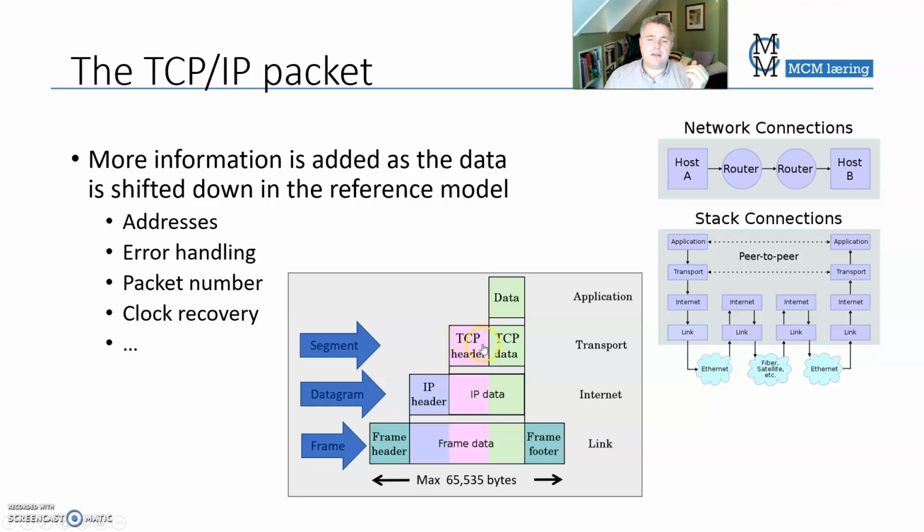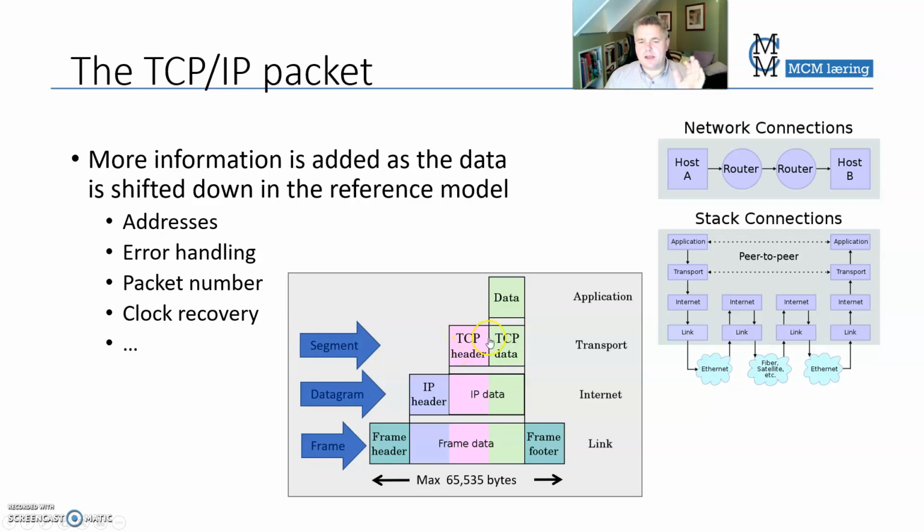So the packet is given a header telling which packet it is, the number in the chain or in the set of packets that forms the entire message. So for example, packet number 16 of 58. The packet is now called a segment. So it's a segment which contains the packet data and the header.